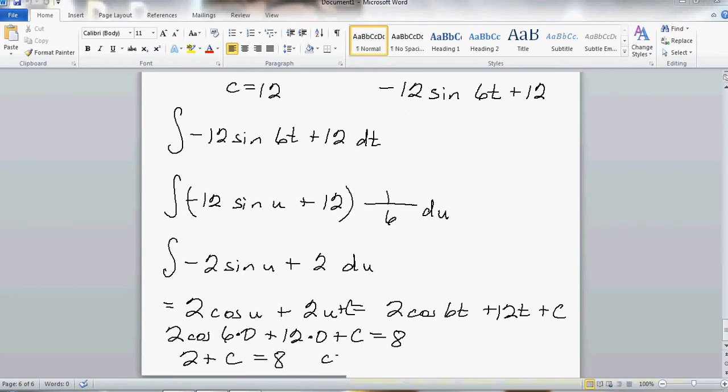So that means c would have to equal 6. And so rewriting back into this last one, our final answer would be 2 cosine of 6t plus 12t, and c is now equal to 6. So that's what y equals. And there is the final answer for that.